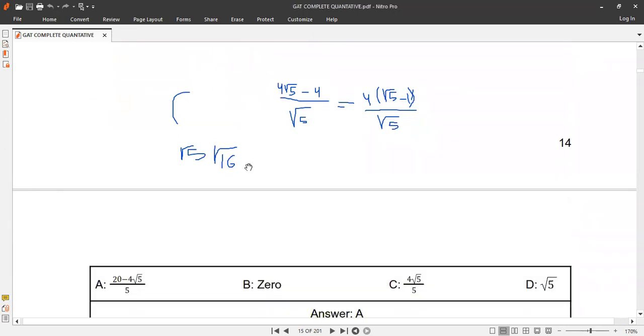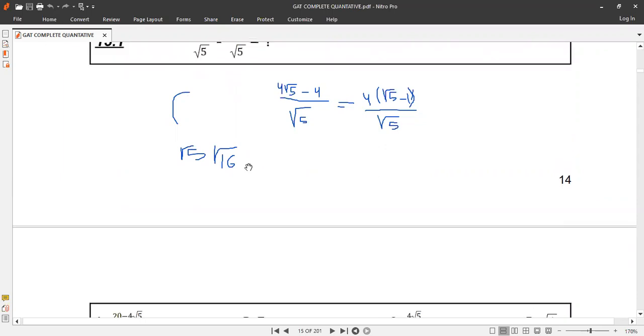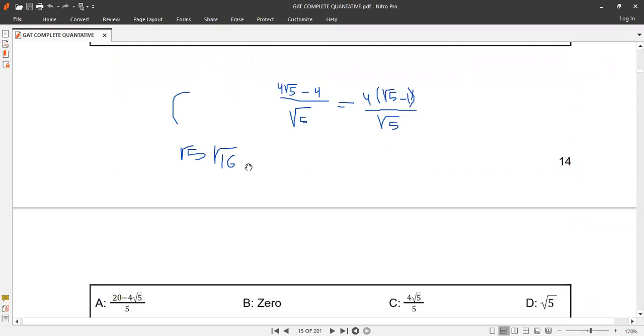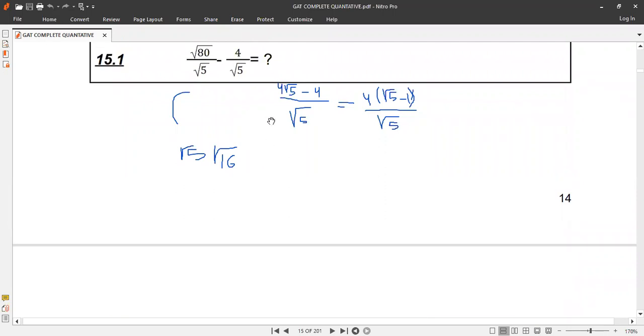Which one is the closest one? 20 minus 4 root of 5 over. So I don't want root of 5 in the denominator. So I multiply by root of 5 up and down.